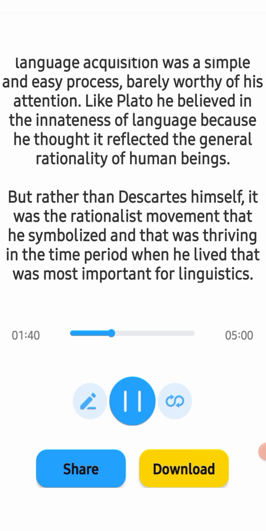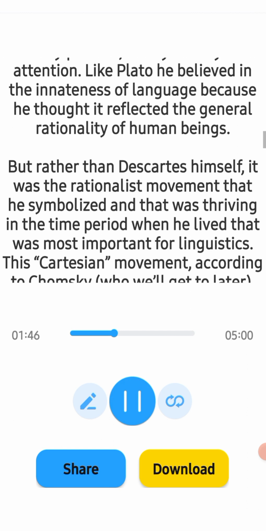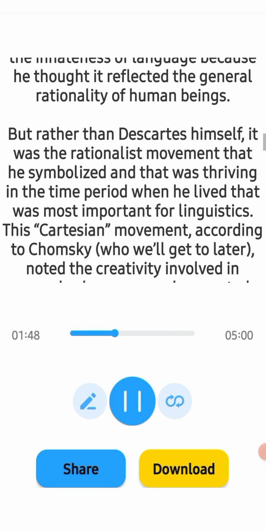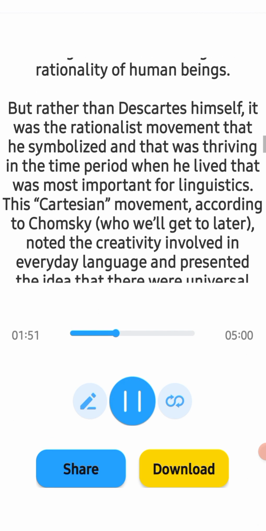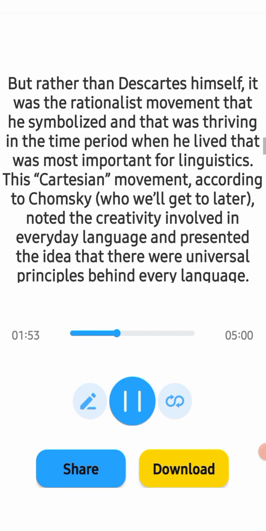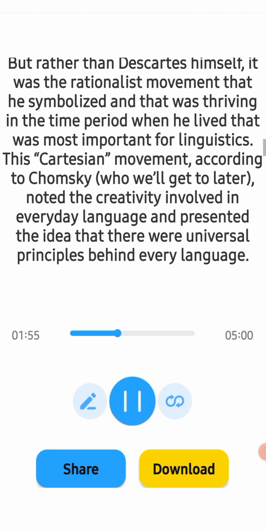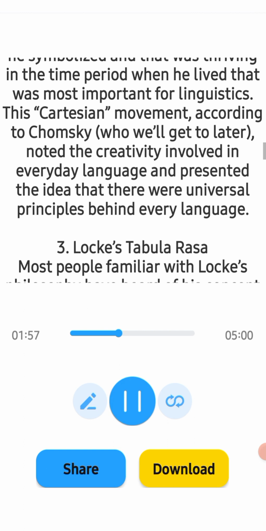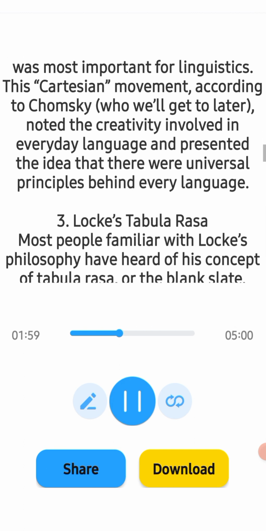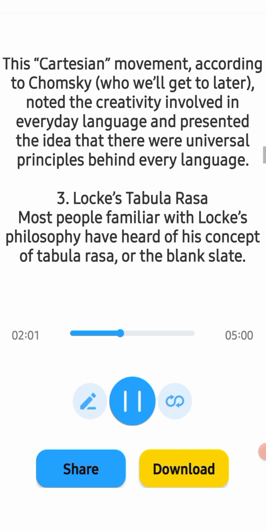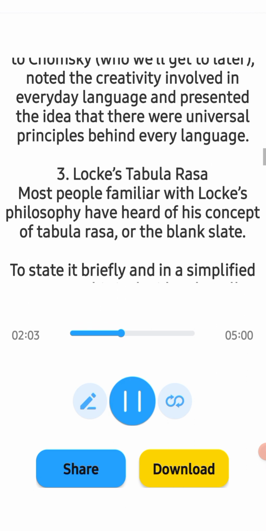But rather than Descartes himself, it was the rationalist movement that he symbolized and that was thriving in the time period when he lived that was most important for linguistics. This Cartesian movement, according to Chomsky, who we'll get to later, noted the creativity involved in everyday language and presented the idea that there were universal principles behind every language.